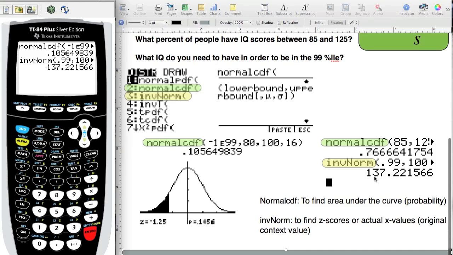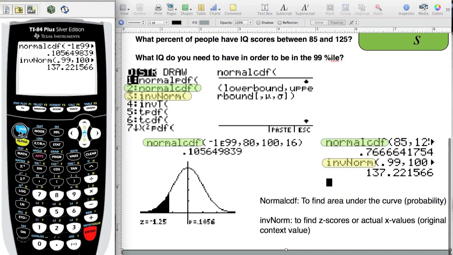So the two things we covered were normal CDF, finding area under the curve, probability, as well as inverse norm. Let me do one more thing. Let's say I wanted to find the z-score. Since I have the z-score written here, let's find the z-score for 80. We already know what the percent area is. It's 10.56, so let's type that in.